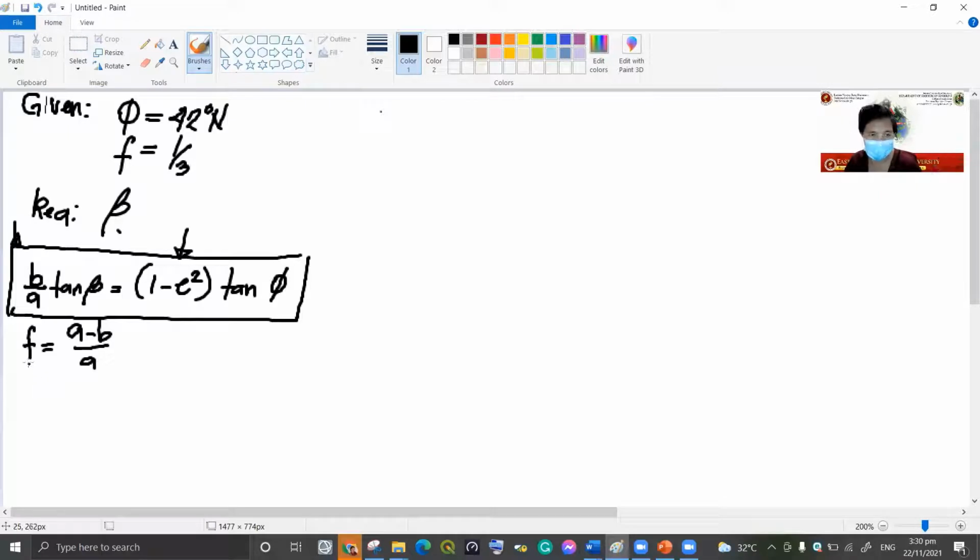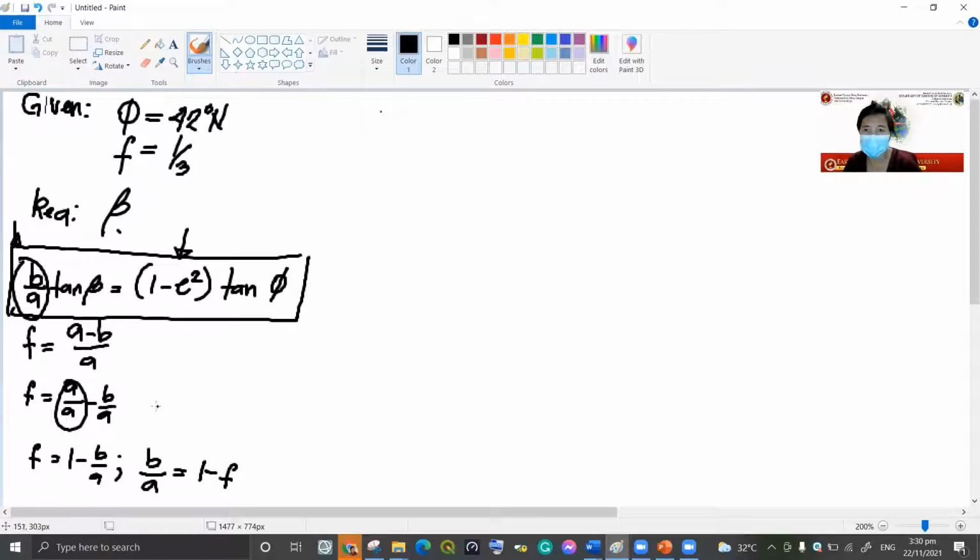If f is equal to (a minus b) over a, then a over a minus b over a, and a over a is equivalent to 1. So f is equal to 1 minus b over a. Therefore, b over a is equal to 1 minus f.